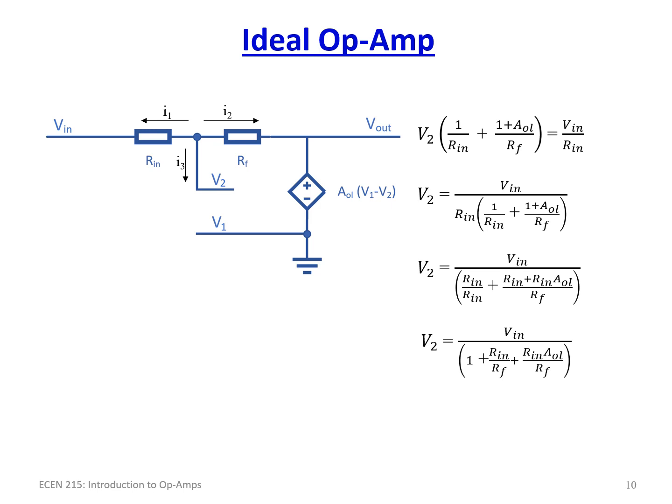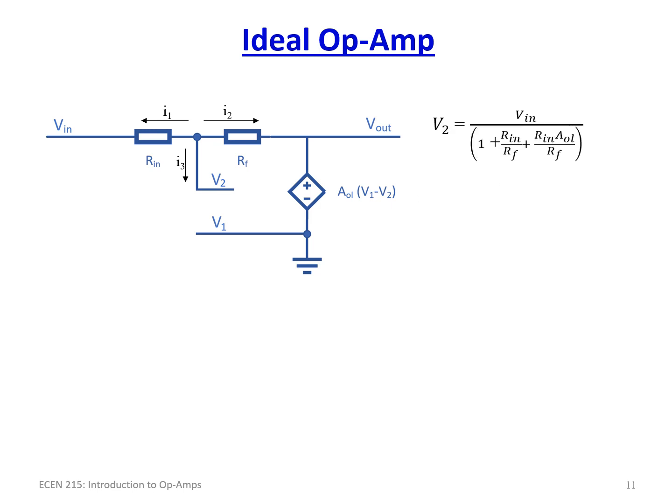So let's take a look at this formula and see if we can make some determination on V2. I'm simplifying it a little further by using the actual value for AOL. We now have infinity in the denominator: 1 plus Rn over Rf plus Rn over Rf times infinity, which makes this entire term go to infinity.